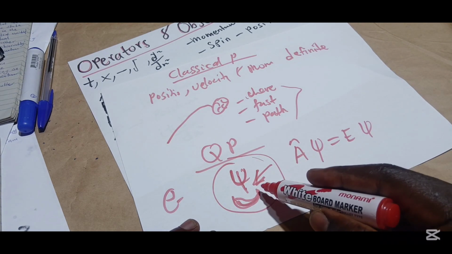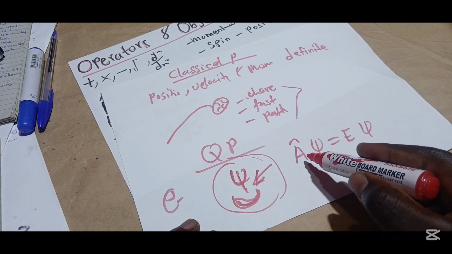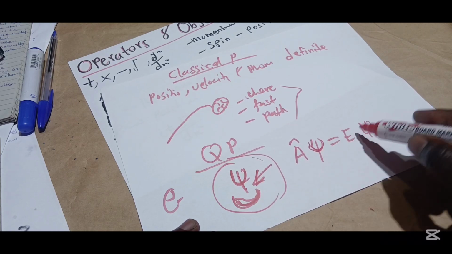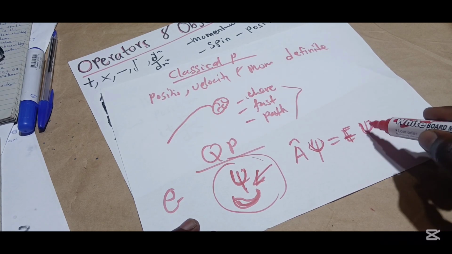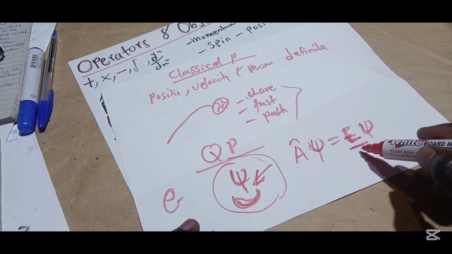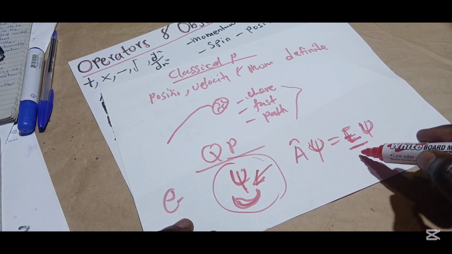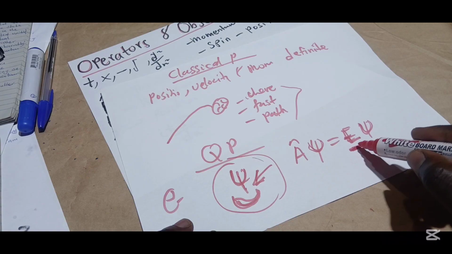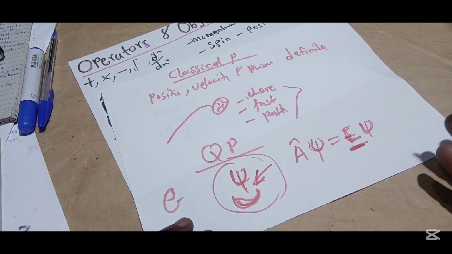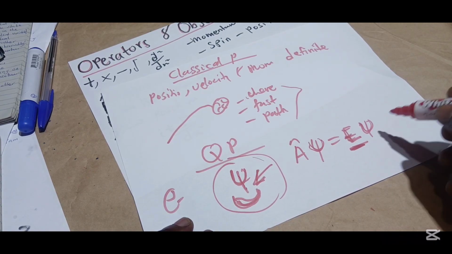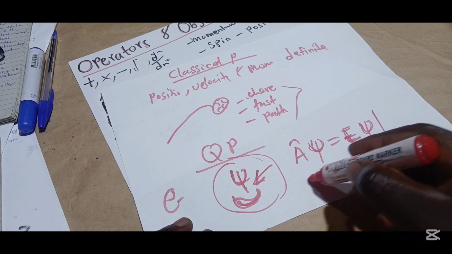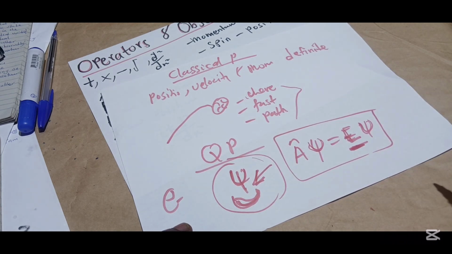And when we operate a certain operator on the wave function, we are going to get energy and a wave function again. So you see that we were not able to measure the energy directly, right? But we did some operations before we got the value for the energy. We'll be talking about equations like this in later videos.